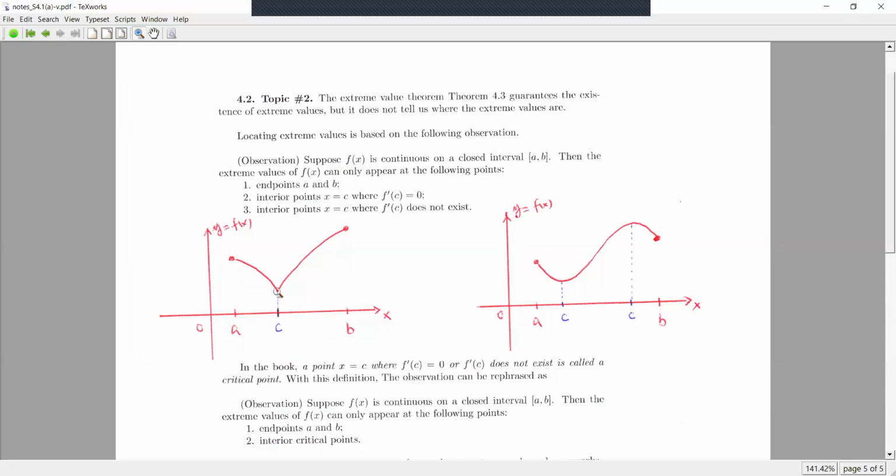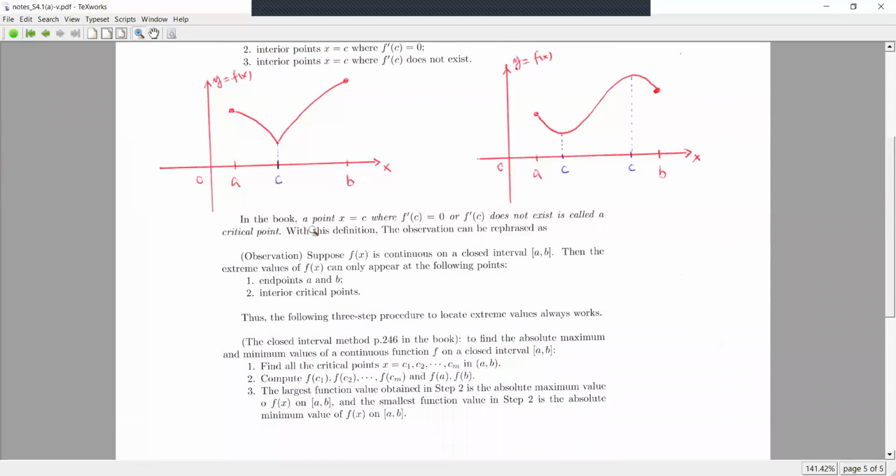At that point, the curve has a corner, so the derivative doesn't exist. So maximum and minimum function values can only appear at the points of these 3 types. Either at endpoints, or at a point where the tangent line is horizontal, or at a point where the graph has a corner.